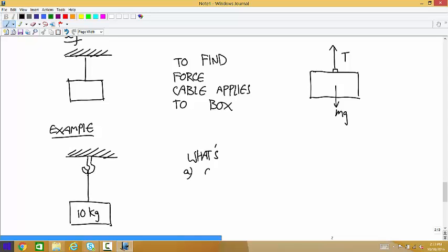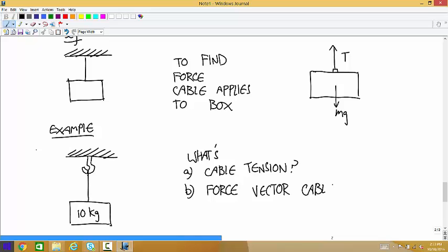So first, what's the cable tension? And second, what's the force vector the cable applies to the block?